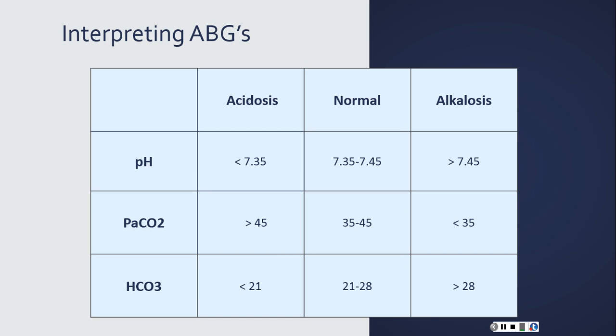The way the respiratory system alters pH, we've kind of discussed. Anything that increases your CO2 level to a significant range outside of the normal limit is going to bring your pH outside of that normal limit, unless the bicarb is able to correct it.